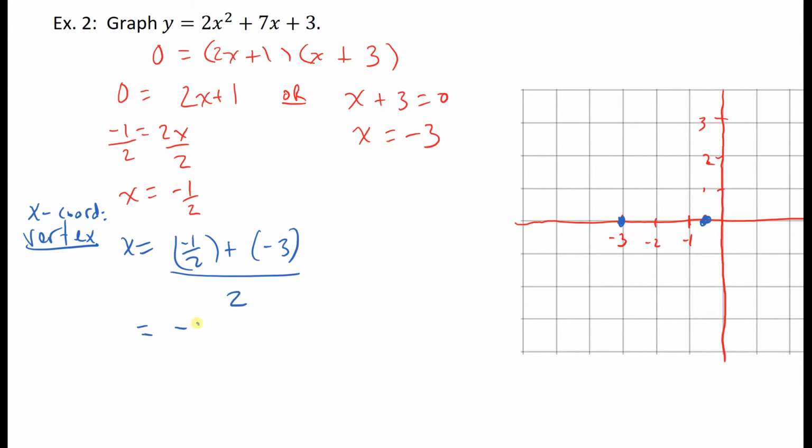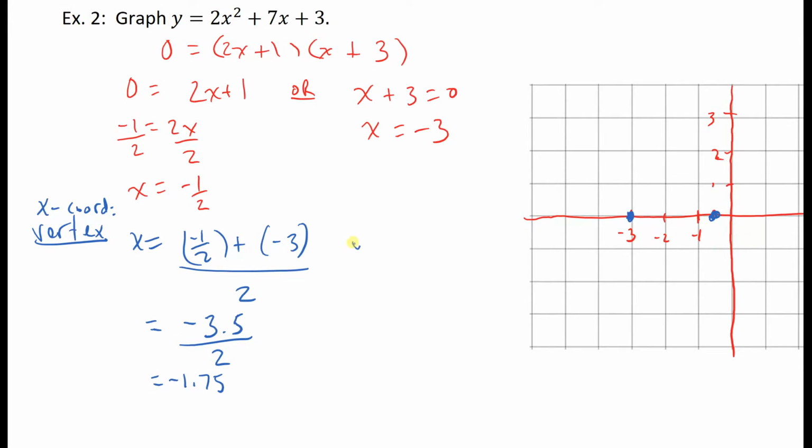I'm not a big fan of decimals in general, but when we're graphing it'll make things easier to see. So 3.5, we want half of that, so 1.75 negative. I think that works. Yep.